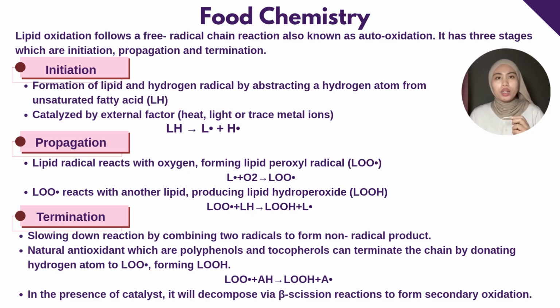Once we get the lipid hydroperoxides, if they are exposed to the catalyst, which are the heat and trace metal ions, they will decompose via beta-scission reaction forming secondary oxidation products such as aldehyde, ketone, and alcohol that are responsible for the rancid and undesirable flavors in chocolate.